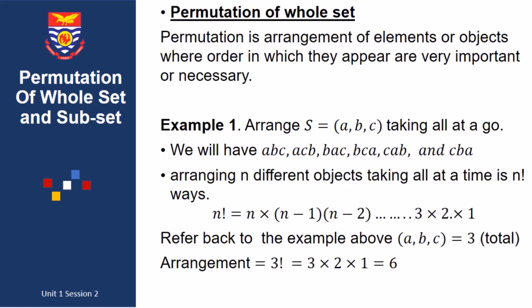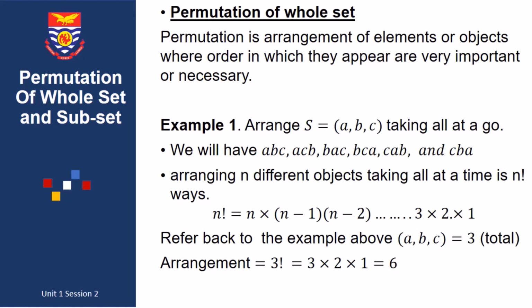And n factorial means n times n minus 1 times n minus 2 times n minus 3 up to the last number 1. You get it? So for instance, if we said 6 factorial, 6 factorial by the multiplication principle will be 6 times 5 times 4 times 3 times 2 times 1.